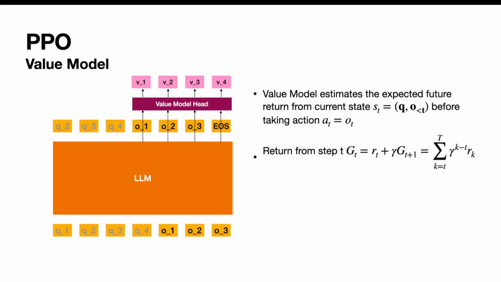The return from step t, written as G_t, is defined recursively as the current reward R_t plus gamma times the future return G_{t+1}. Equivalently, it is the discounted sum of future rewards from this step onward. Here, gamma is the discount factor.